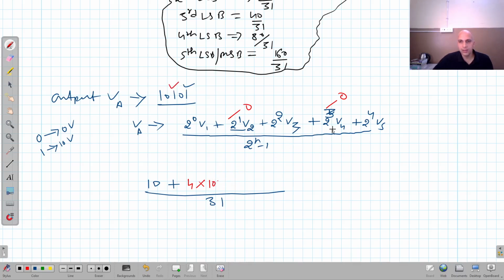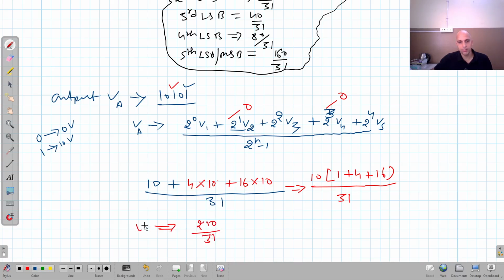Then again this is 0, then we have 2 raised to power 4, which is 16, into 10. If you take 10 common, it is 1 plus 4 plus 16 divided by 31. After simplification, you will get 210 divided by 31, which is plus 6.77 volt. So this is the corresponding voltage.